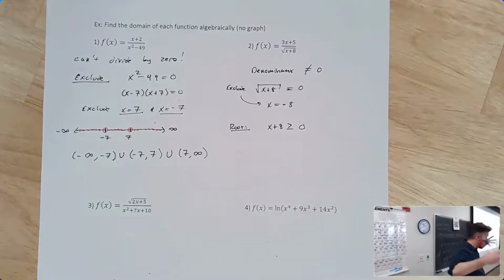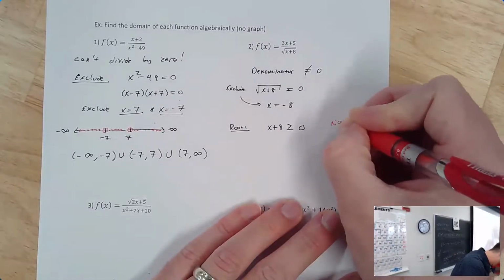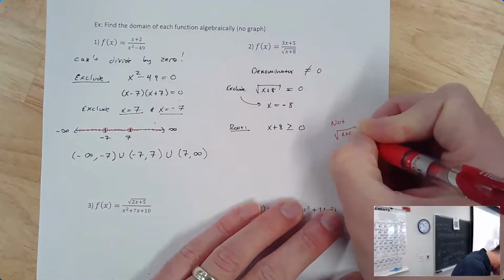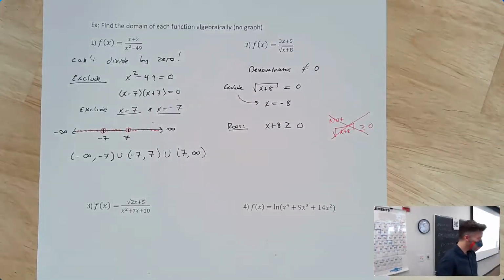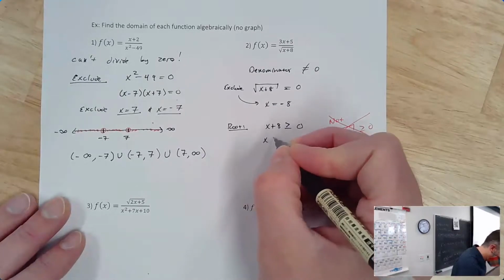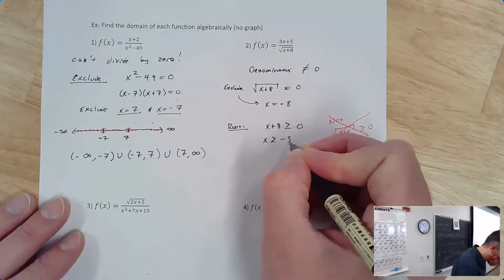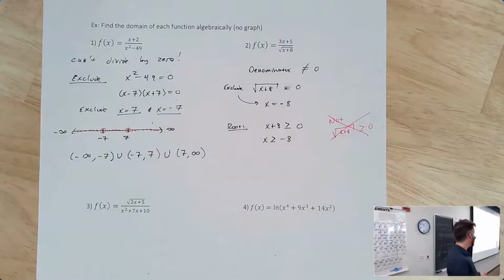I'm setting the stuff inside the root, or the argument of the radical, to be greater than or equal to 0. And so we're going to get x greater than or equal to -8. But combined, we want x to not be -8. We want x to be bigger than or equal to -8.